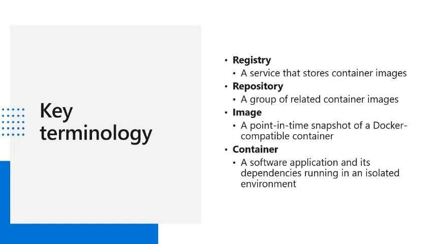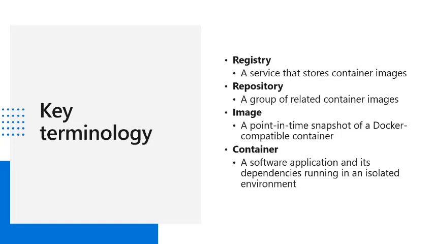Then you have an image stored in a repository. Each image is a read-only snapshot of a Docker-compatible container. Azure Container Registries can include both Windows and Linux images. You control image names for all your container deployments.